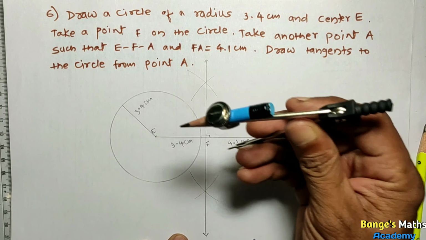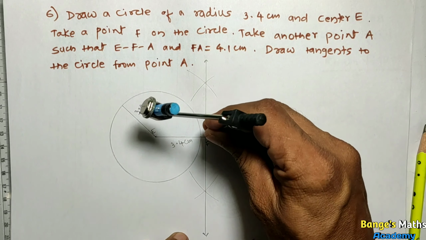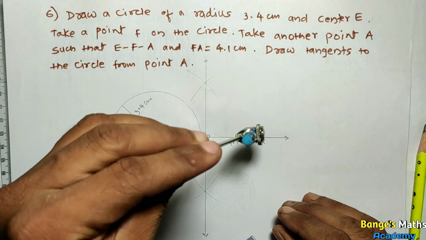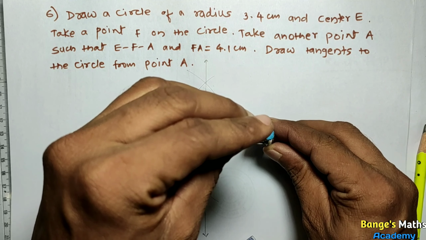Then F as the center and FE as radius or FA as radius.